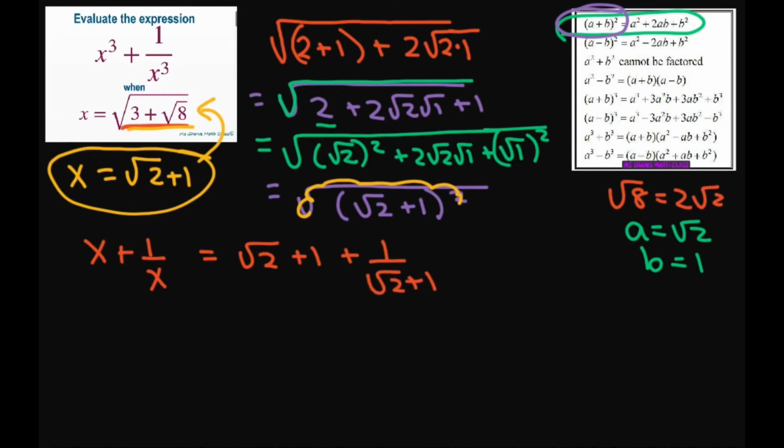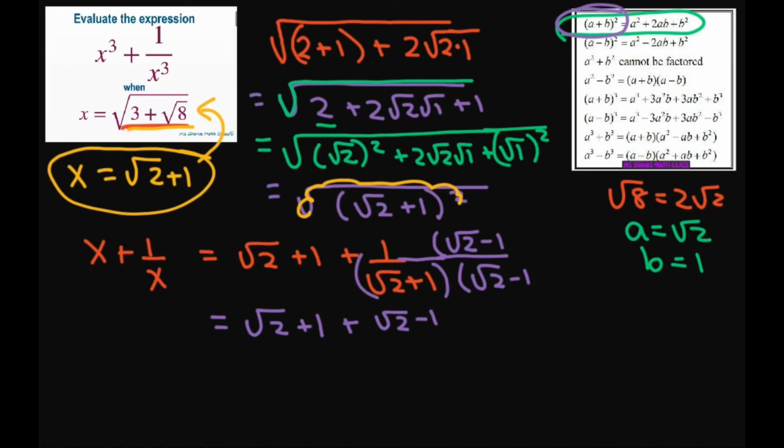All right, and if I rationalize my denominator for this piece, this would be square root of 2 minus 1. So I'm going to multiply this by square root of 2 minus 1 as well. So this is going to give me square root of 2 plus 1 plus square root of 2 minus 1.